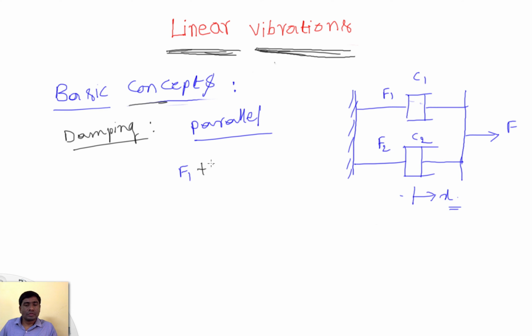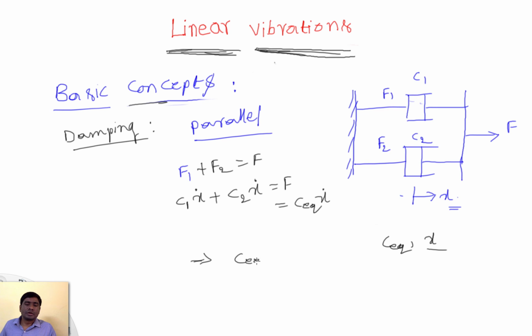So F1 plus F2 equals F, that is C1 into x dot plus C2 into x dot equals F. If I replace the entire system with the equivalent damper C equivalent, which has the same displacement x, then it is C equivalent into x dot. So again C equivalent equals C1 plus C2. So this is also equivalent to springs in parallel connection.